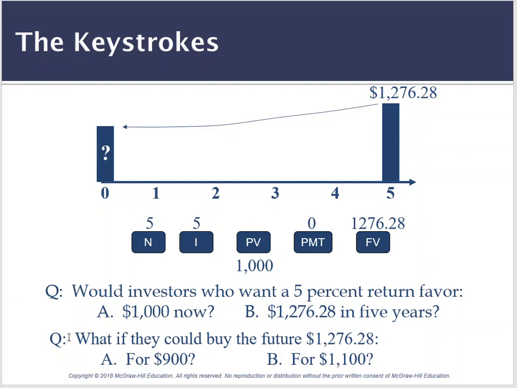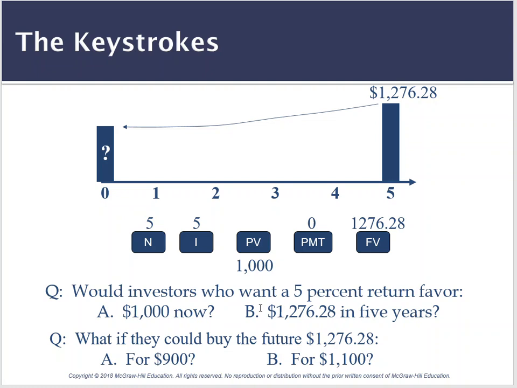But if they could buy the investment for $900 instead of $1,000, they would certainly want to do so, because they would earn a greater return than 5%. Now, if they were to pay $1,100 for it, they would earn less than 5%. We will work some of those problems out later on for you to see.